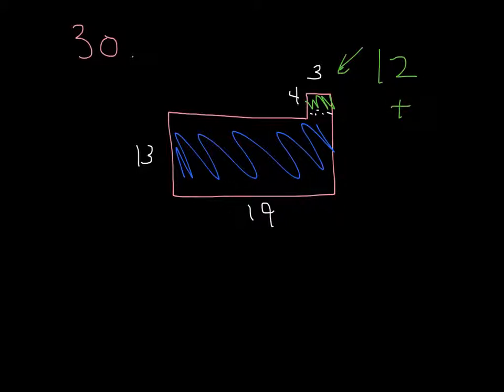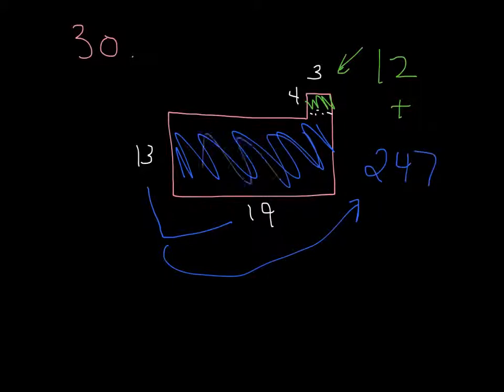Plus the area of this guy, 13 times 19. And I said in class, I don't care if you use a calculator on this part. 13 times 19 equals 247. So the area inside here is 247.